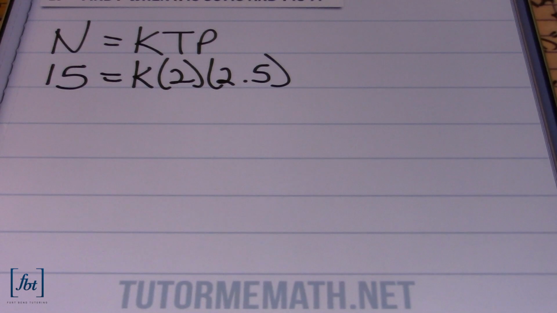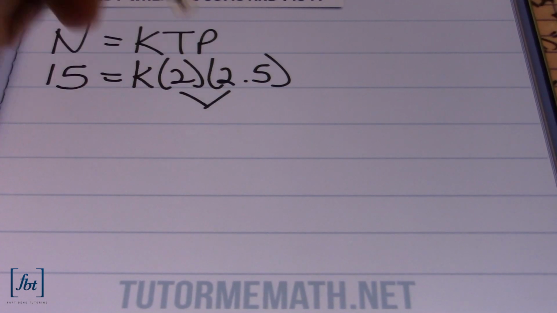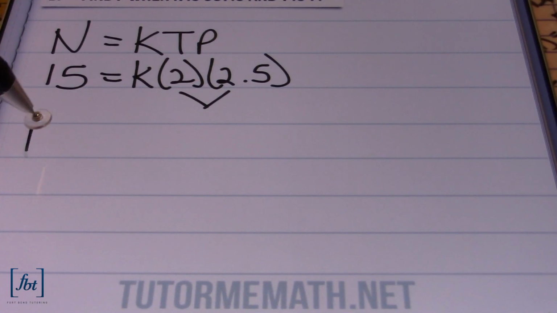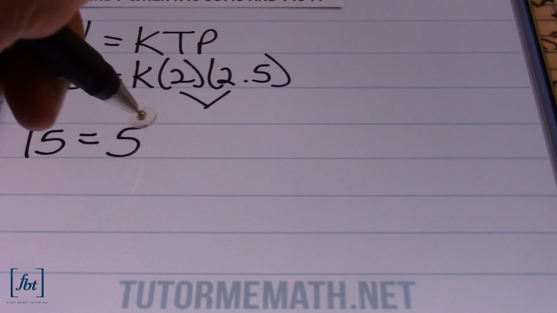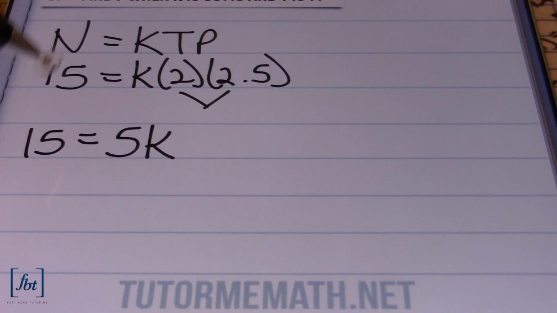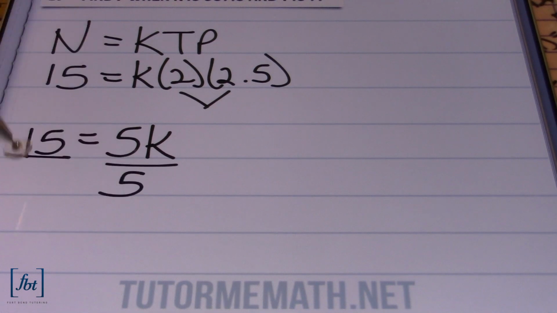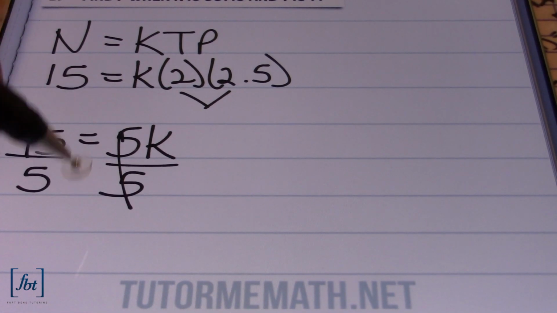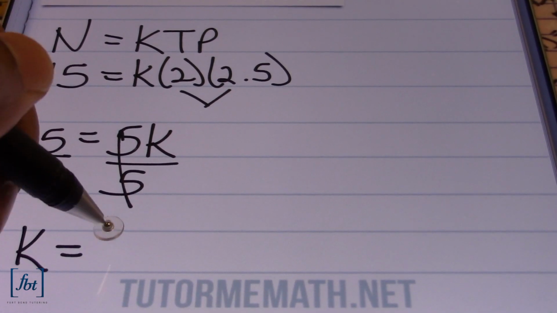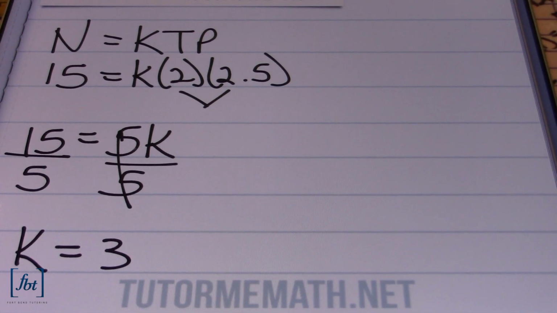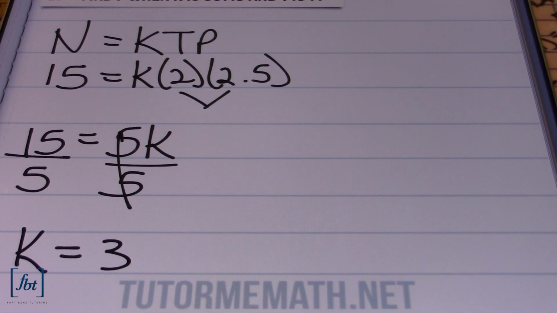All right, good. Simplifying on the right side here, that 2 times 2 5/10, and we now have 15 equals 5k. From here, all you have to do is just divide both sides by 5. So you'll end up with your constant of variation being equivalent to 3. Yeah, 15 divided by 5 is 3.